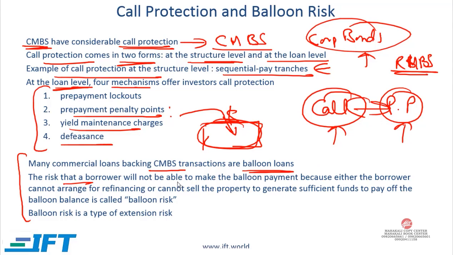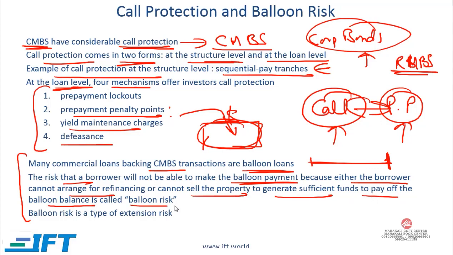The risk that a borrower will not be able to make the balloon payment, again this is the payment at the end of the loan period, because either the borrower cannot arrange for refinancing or cannot sell the property to generate sufficient funds to pay off the balloon balance, is called balloon risk. So the borrower needs to pay a ton of money over here. The risk obviously is that the borrower might not be able to generate that money, in which case the borrower will have to pay back later.